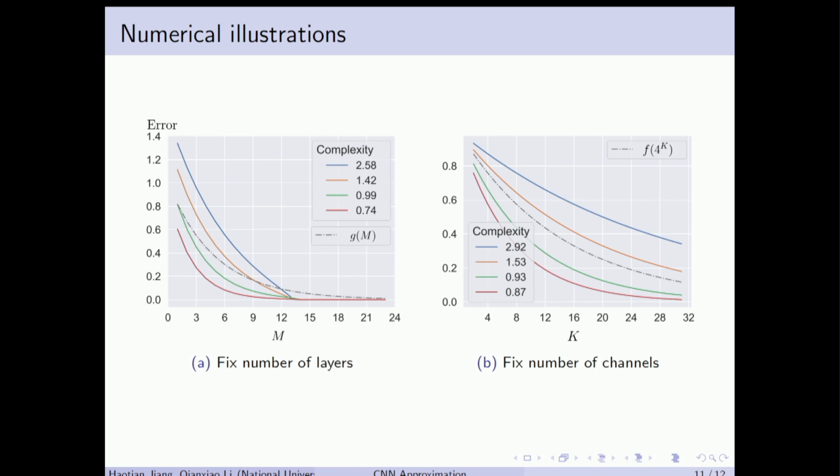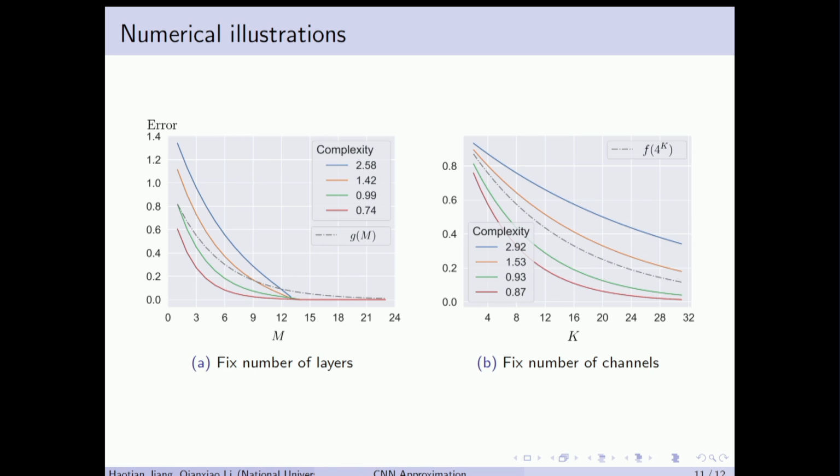On the right-hand side, we fix the number of channels and change the number of layers. The dotted gray line is GM, which we can consider as the error bound. So we can say 1 times GM is our error bound here.